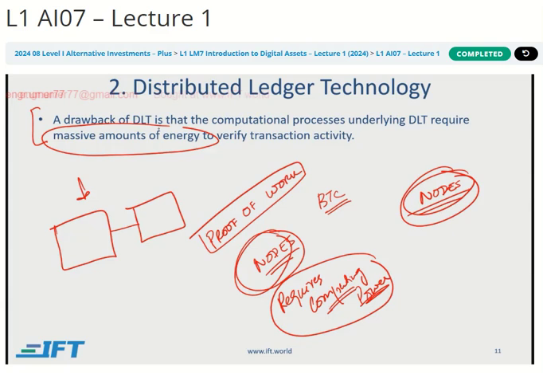Now, there is a change in this, which is proof of stake, where instead of using computing power as the currency in which you get a say, you can also just put money on the table, and whoever puts enough money on the table in terms of stake gets to say which is the right version of the ledger.